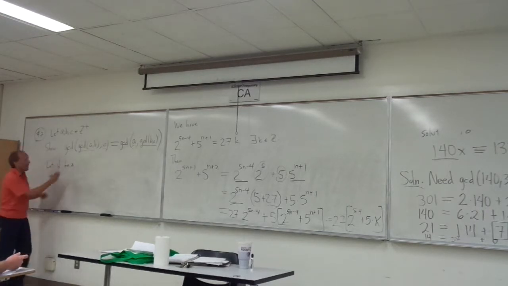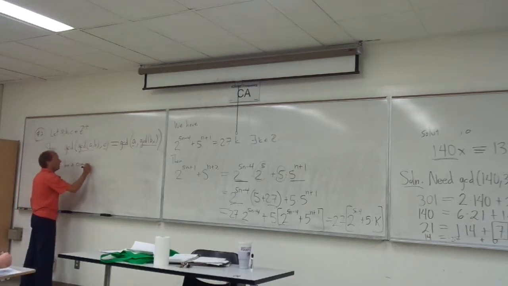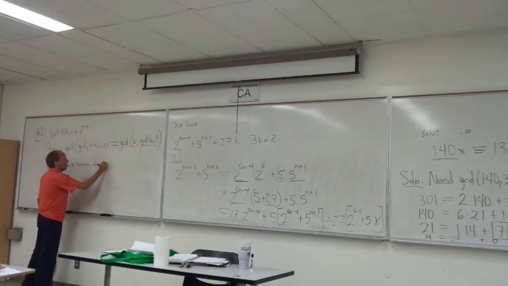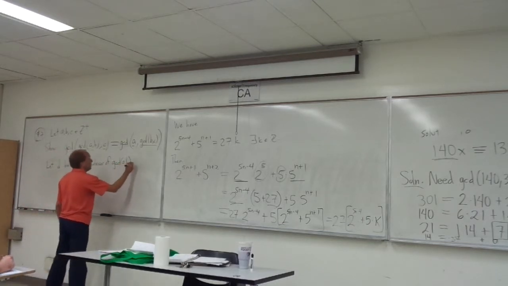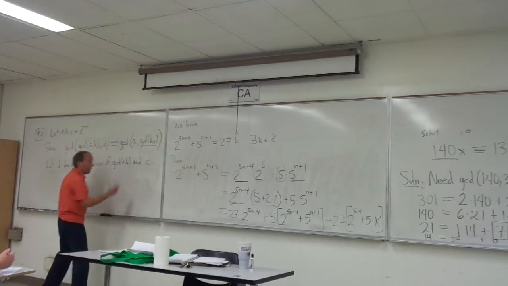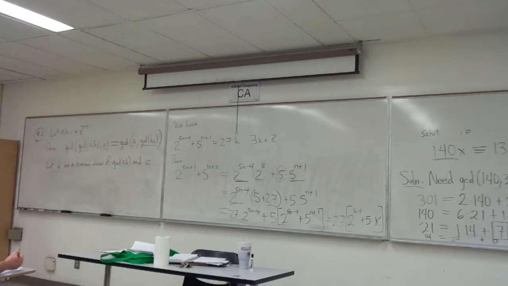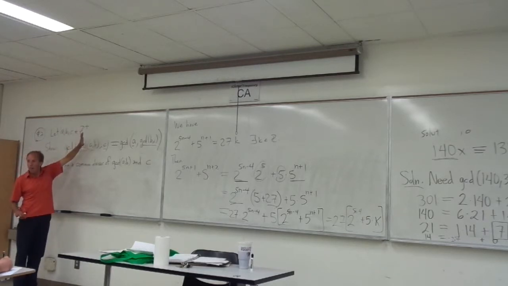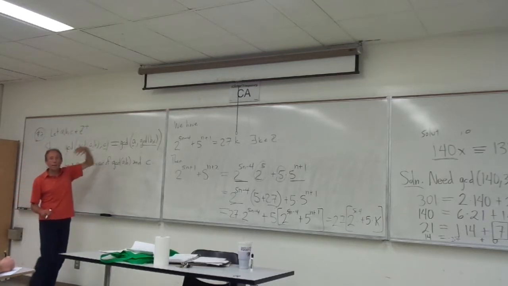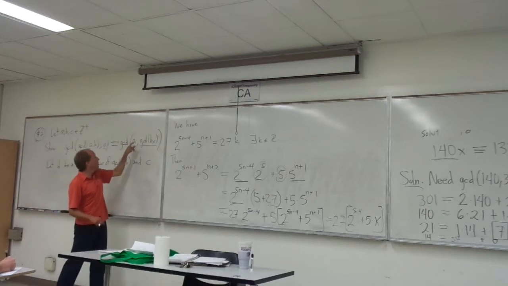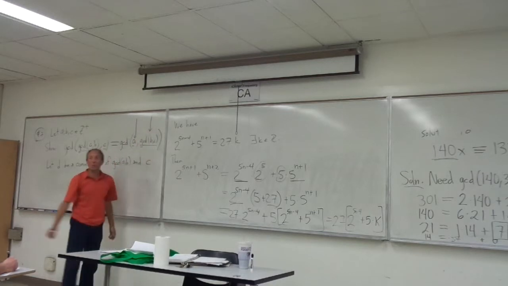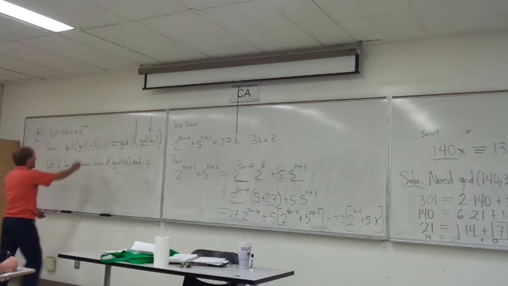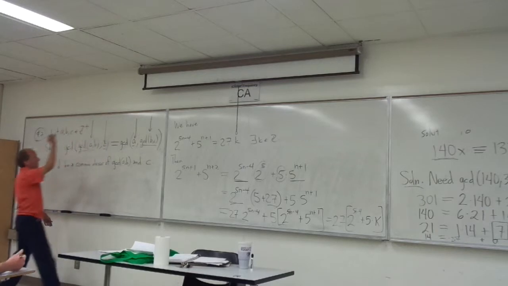I'm going to let D be a common divisor of the GCD of A and B and C. So in other words, I'm picking a common divisor on the left side. And I want to show then that thing divides both of the things on the right side. So I'm going to show that this D divides both of those 2 things. I'm assuming that D divides both of those 2 things right now.